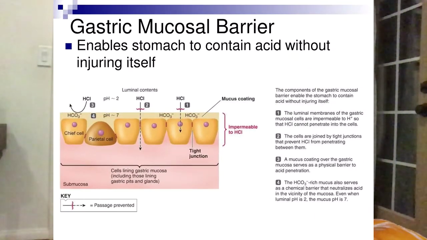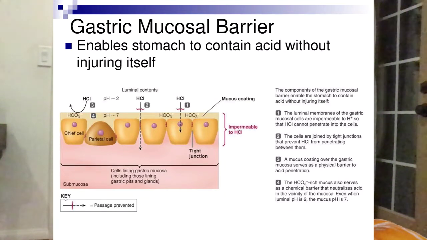So the very first cell you see all the way to the left is a chief cell. And the chief cell is what makes the pepsinogen. Okay? Right next to it is the brown cell there. That's a parietal cell, and that makes hydrochloric acid. All of the other cells are mucus cells. They make a mucus, and you can see it forms a layer over the top of all the cells, and that mucus has bicarbonate associated with it.